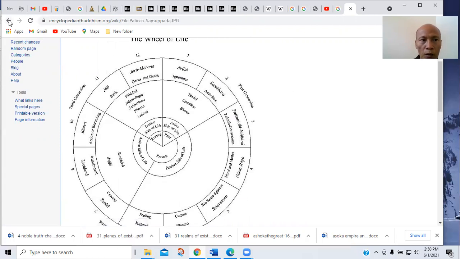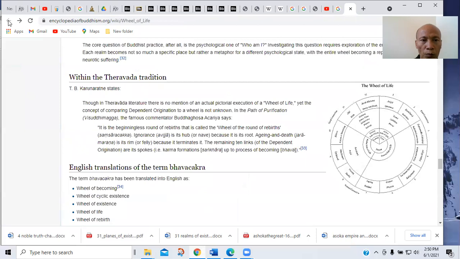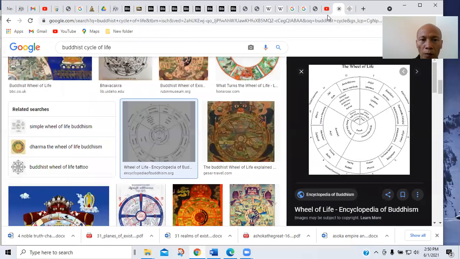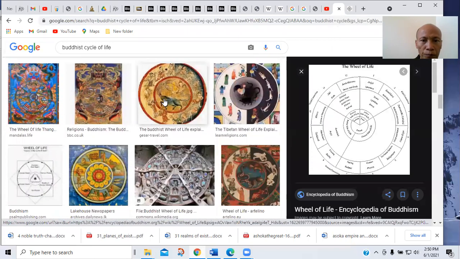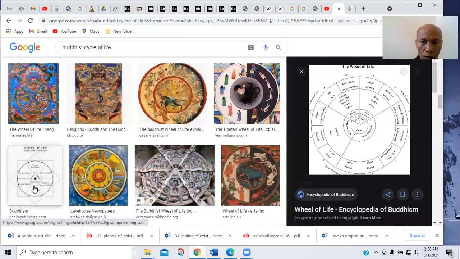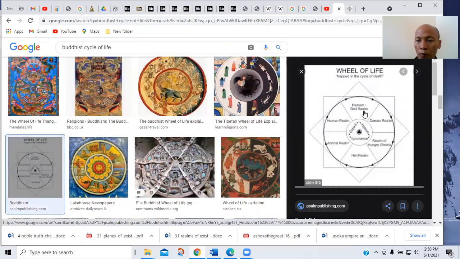Okay, let me go back here. The 6 types of rebirth cycle that we have here. Okay, here you can see. So in the heaven, the gods' realm, we have the human realm, we have animal realms, we have hell realms, we have the hungry ghost realm, we have demon realms. So it is a cycle. There's the loop cycle. There is no ending point and there's no starting point.